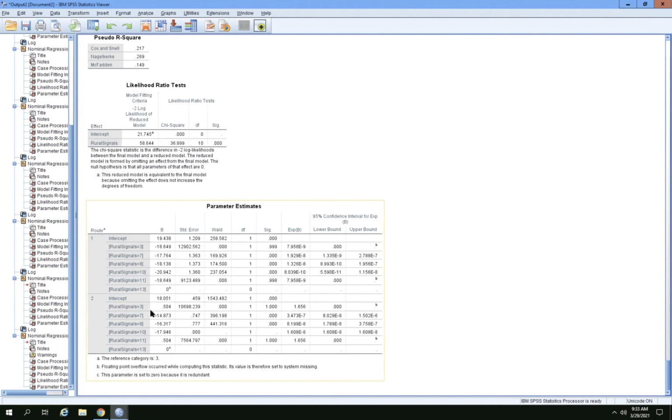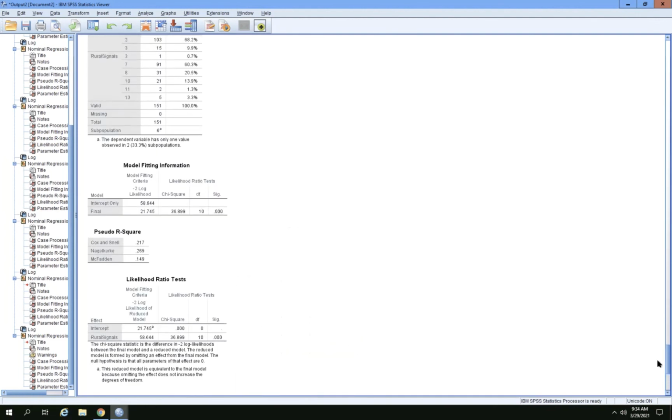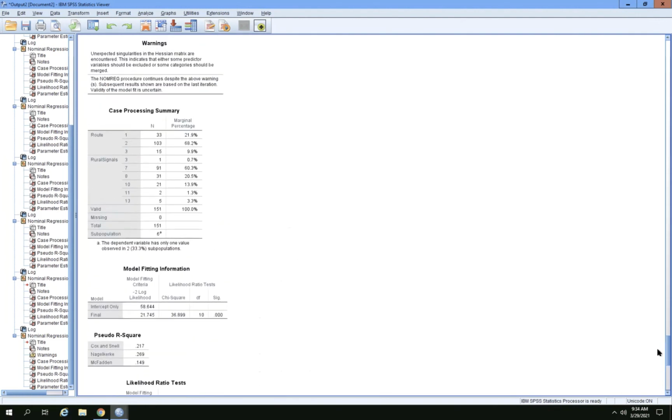Those range from 3, 7, 8, 10, 11, and 13. And so what you're seeing here, there are a lot of very, very large negative numbers, which means we probably have very small subsets of individuals in those respective categories, which is true if we go up here, okay?